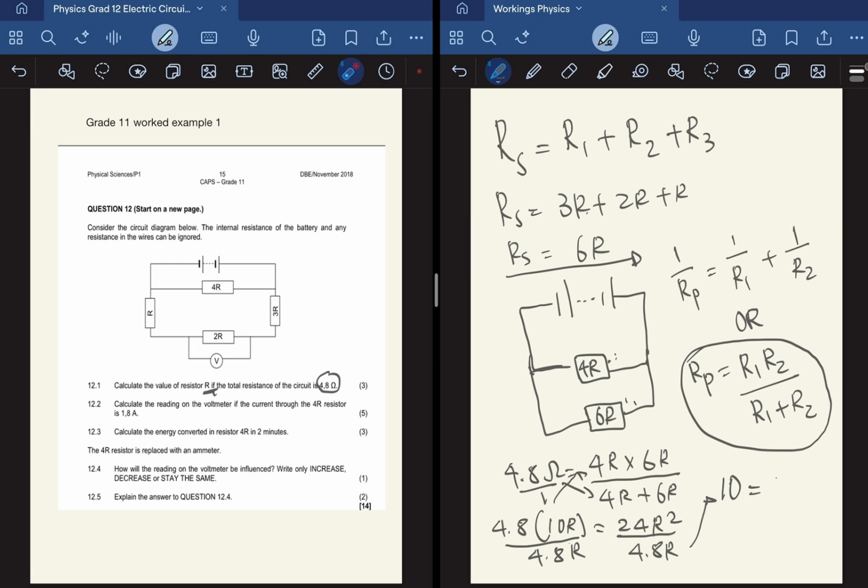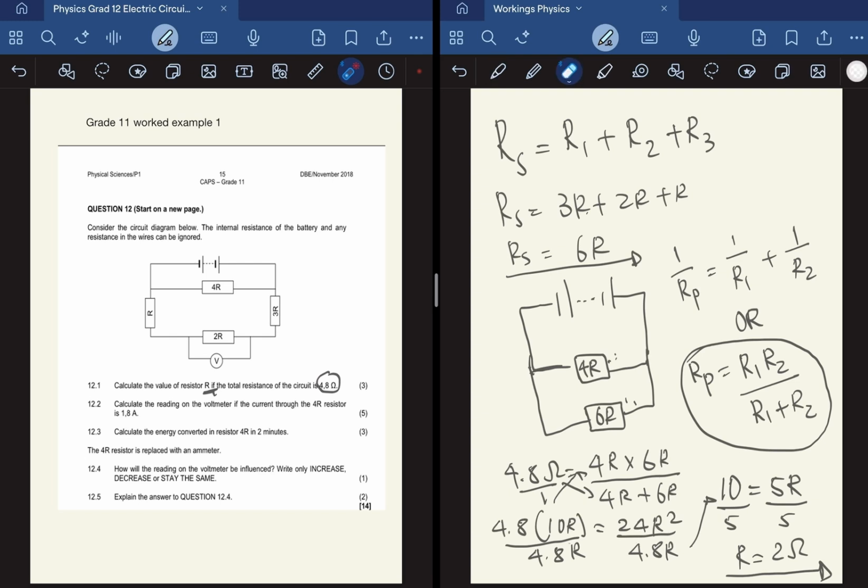You get 5R. And for you to get R, you divide both sides by 5. 10 divided by 5, you get 2. So that means the value of your R is 2 ohms. So we are done with 12.1.